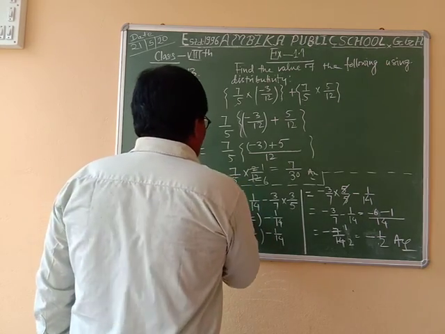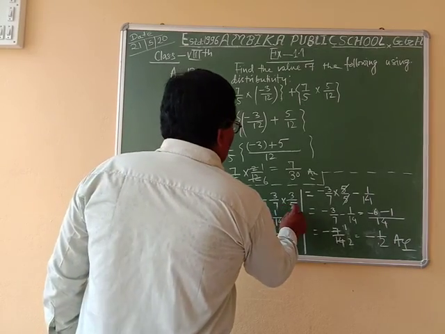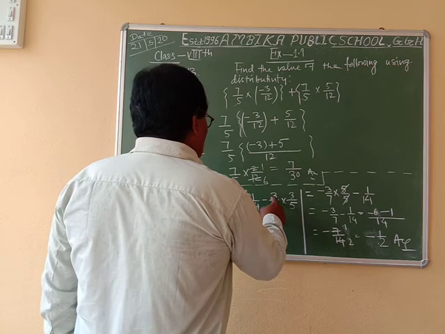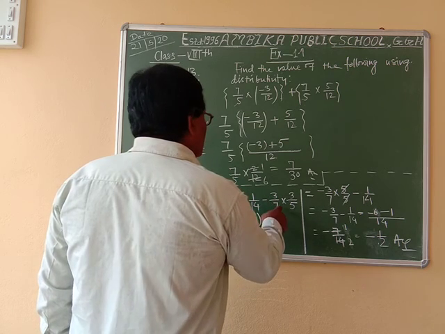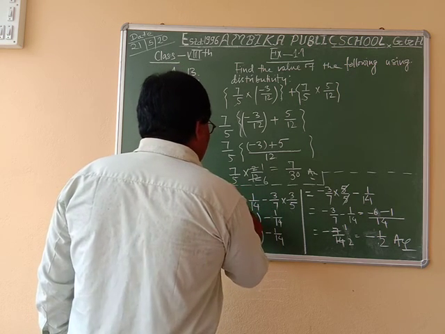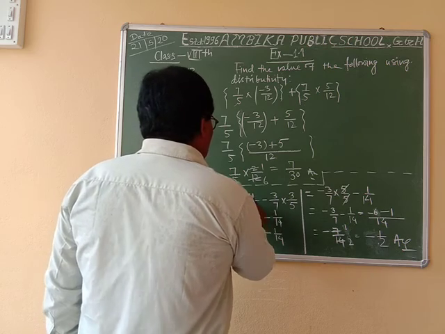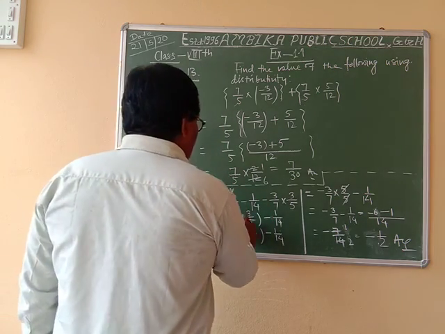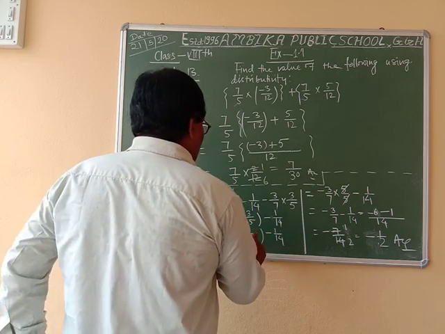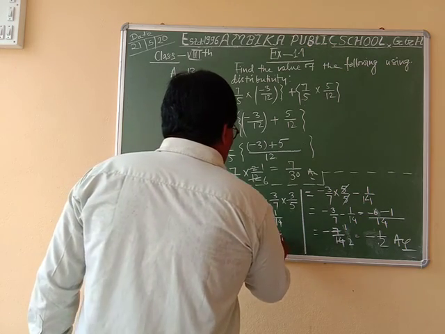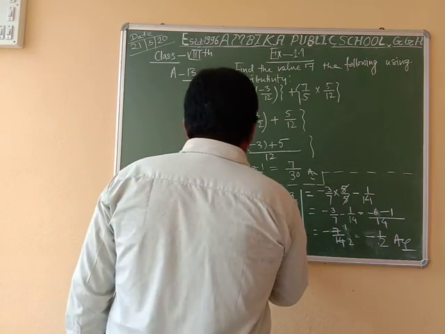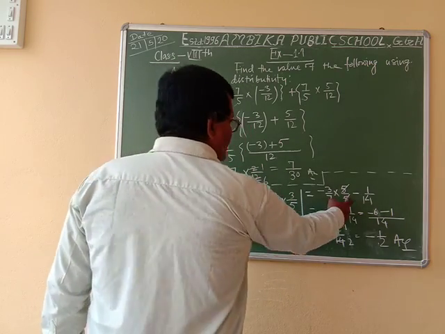We write 2 by 5, and from minus 3 by 7 into 3 by 5 we take common minus 3 by 7, so we write plus sign 3 by 5, minus 1 by 14, is equal to minus 3 by 7 into adding 2 by 5 and 3 by 5, minus 1 by 14.